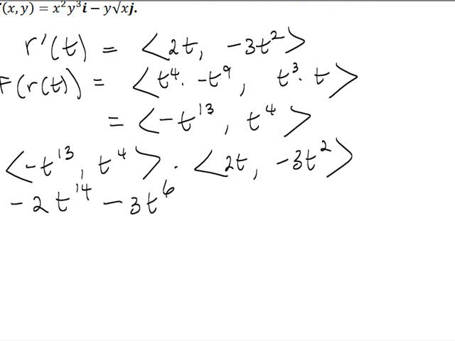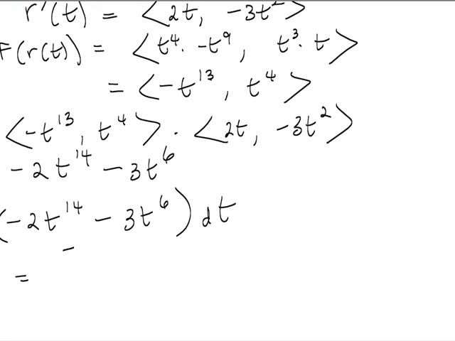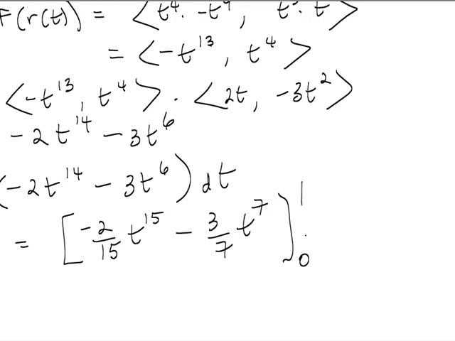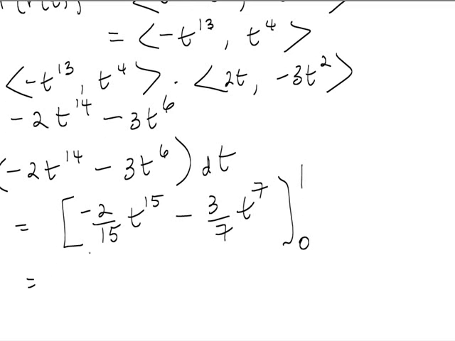We integrate from 0 to 1 negative 2t to the 14 minus 3t to the 6 dt, which is minus 2 over 15 t to the 15 minus 3 over 7 t to the 7 from 0 to 1, which is minus 59 over 105.